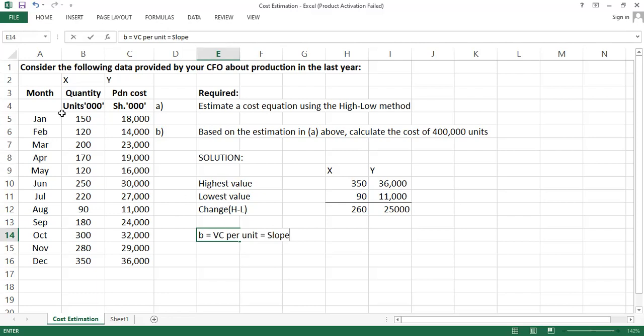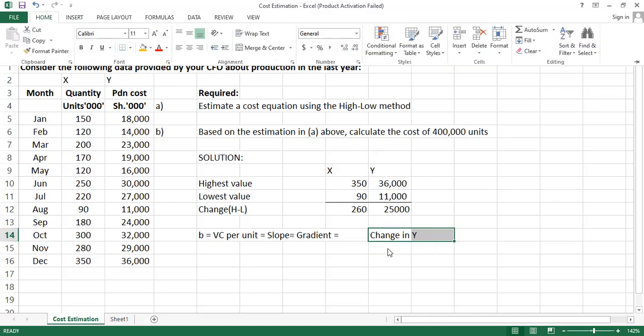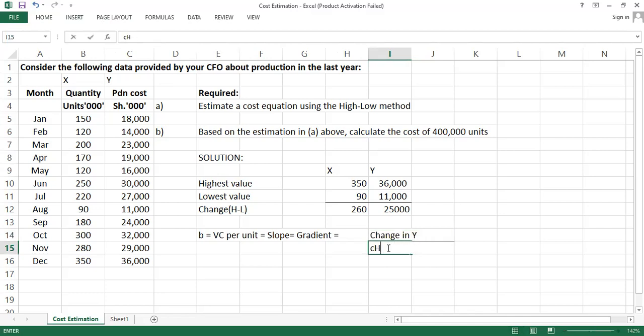If you remember, if this data is plotted on a graph and you fit what we call the line of best fit, the slope for the line that you fit is what is used to define B. And when you talk of the slope, which is the same as the gradient, this is normally computed as change in Y divided by the change in X.